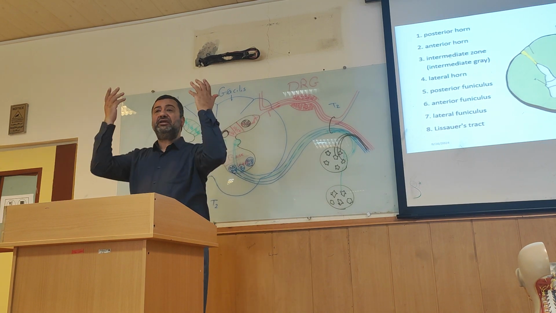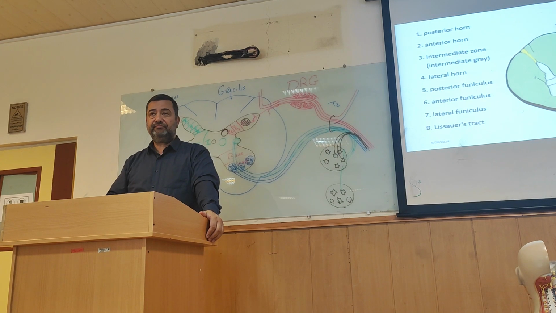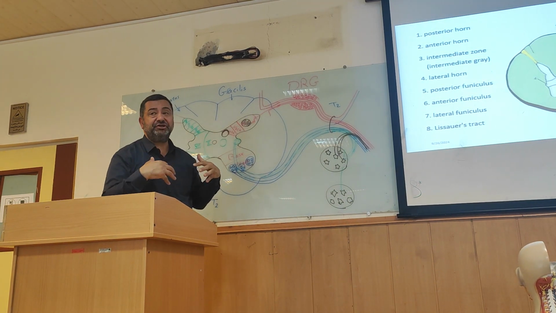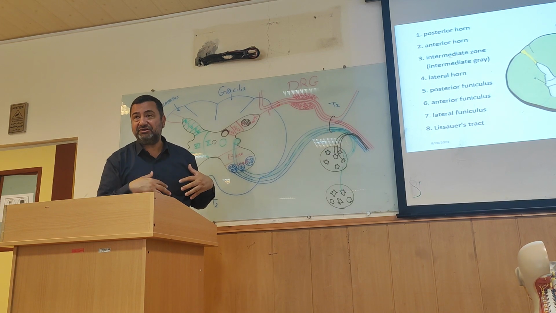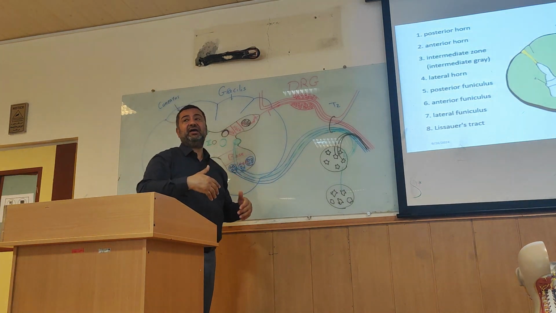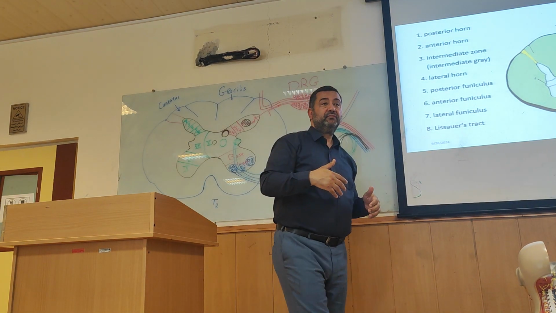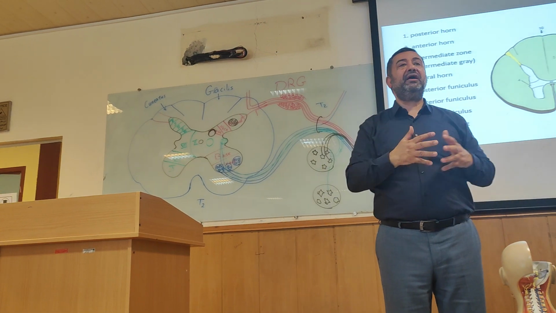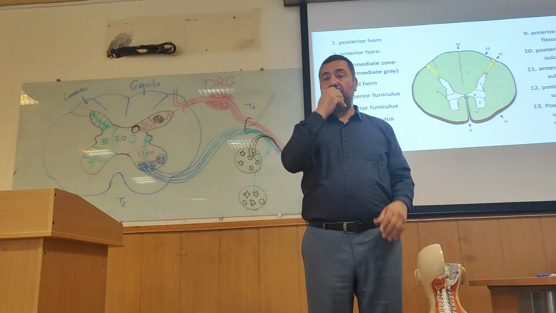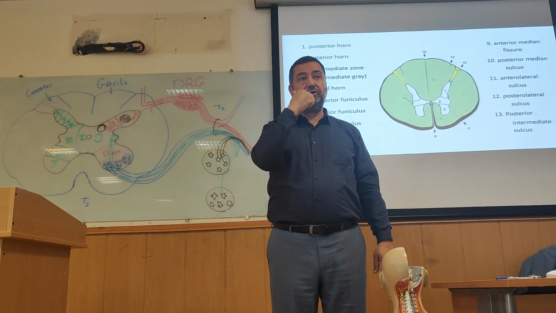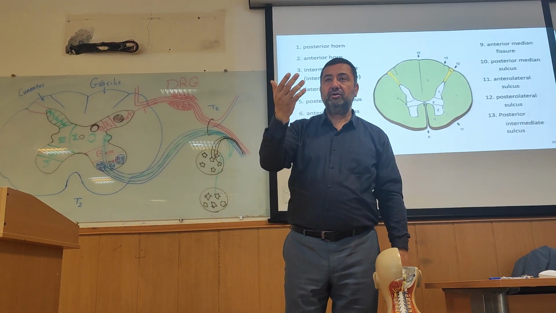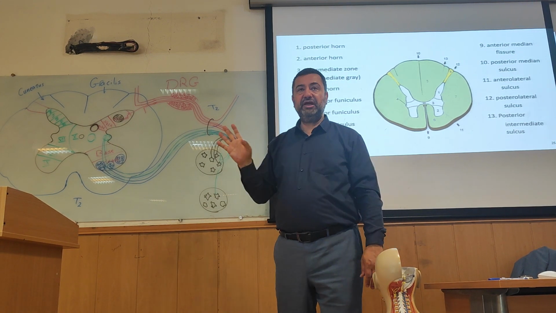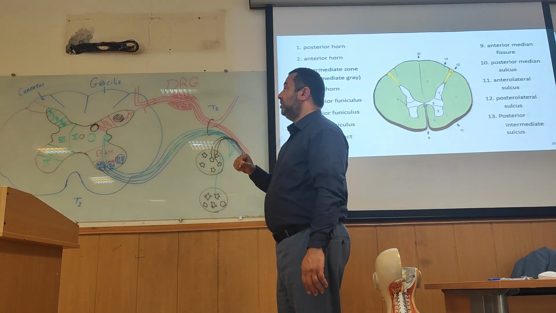These are ascending fibers. And these fibers, without entering the gray matter, ascend into the posterior funiculus and go to the brain stem, to the medulla oblongata, to the gracilis nucleus and cuneatus nucleus. Is it clear? Okay.